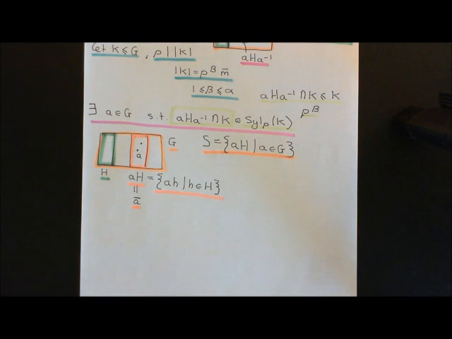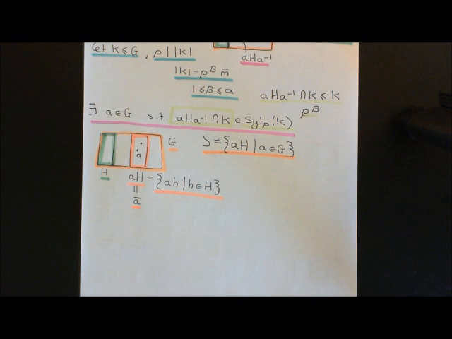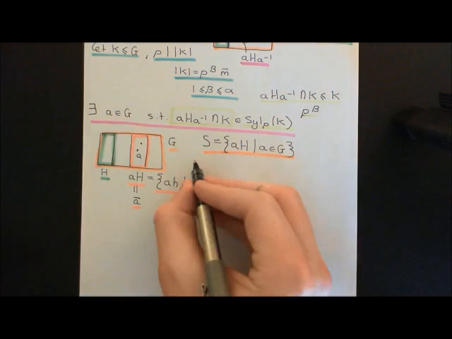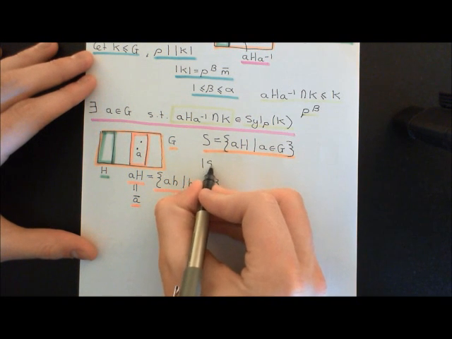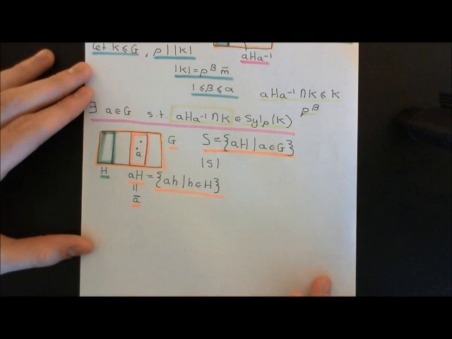What we're about to do is consider a group action by the group capital G on this set of left cosets of the subgroup capital H. But before we do that, let's consider what the order of this set capital S is. How many left cosets of the subgroup capital H actually are there?